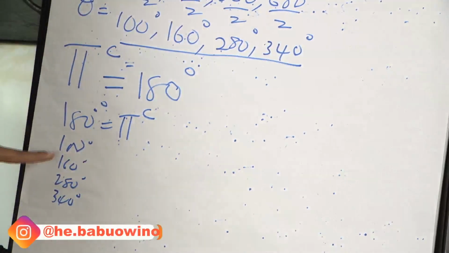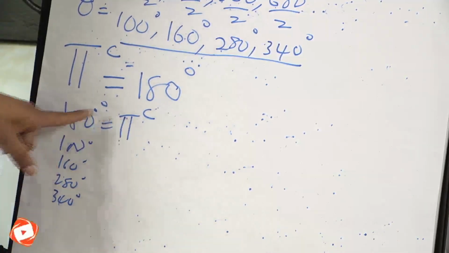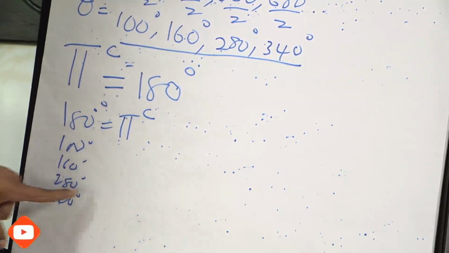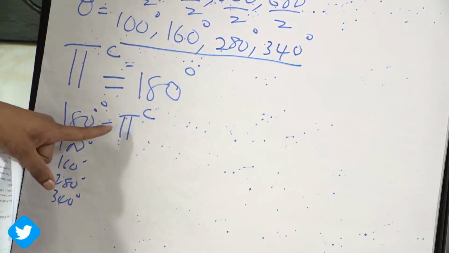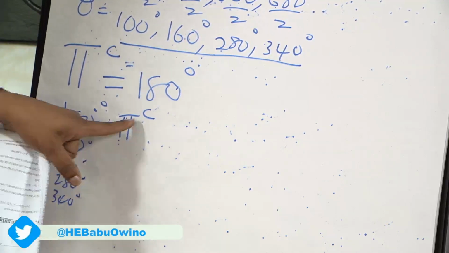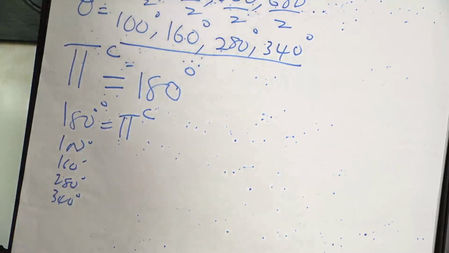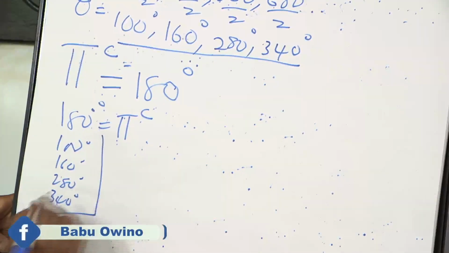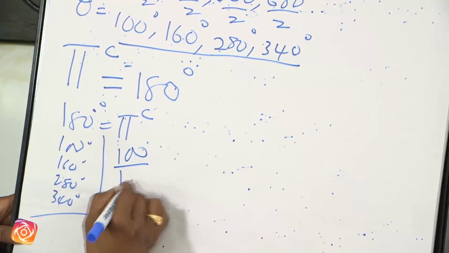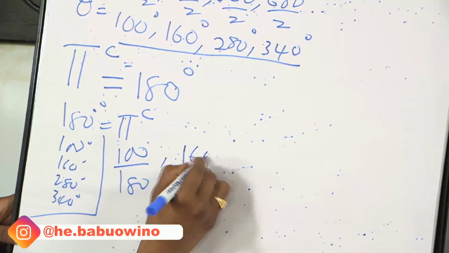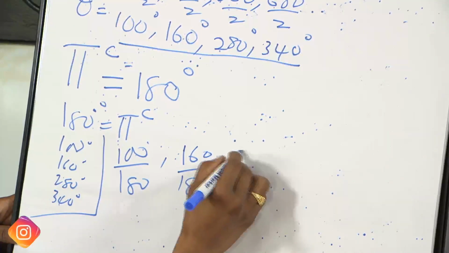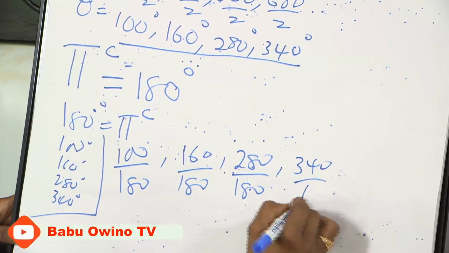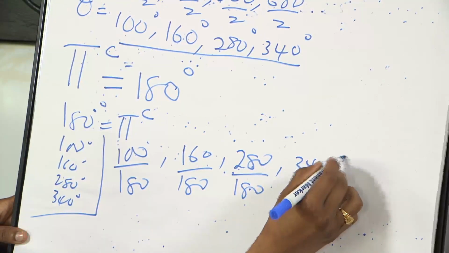So you realize that we'll be multiplying 100 times pi, divided by 180. 160 times pi radians, divided by 180. 280 times pi radians, divided by 180. 340 times pi radians, divided by 180. So we divide all these angles by 180, in degrees.